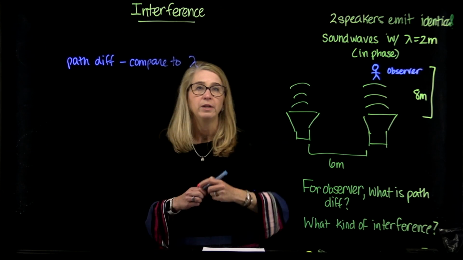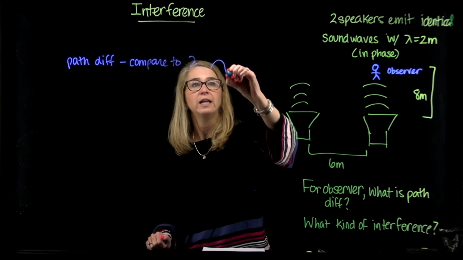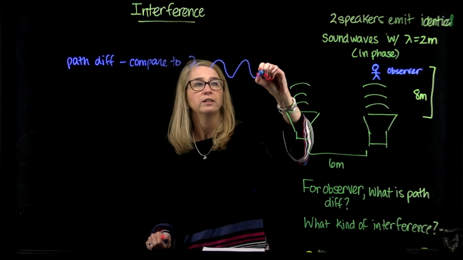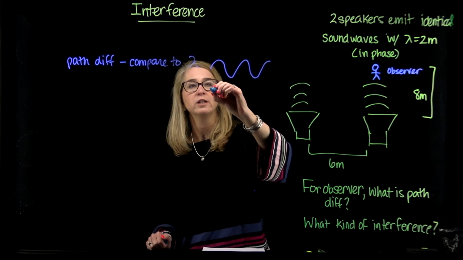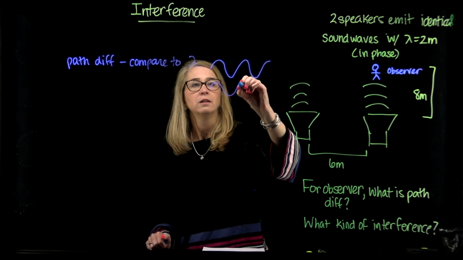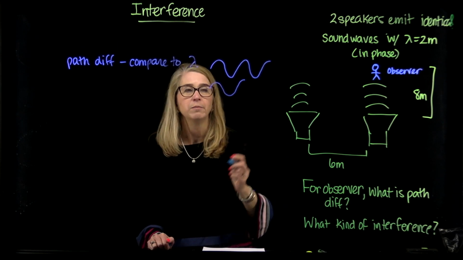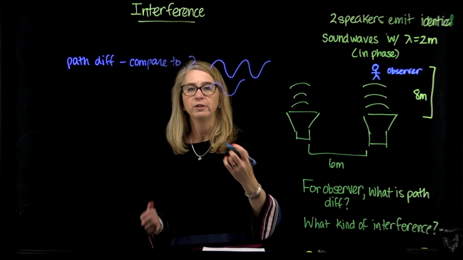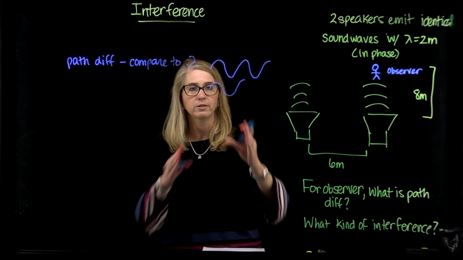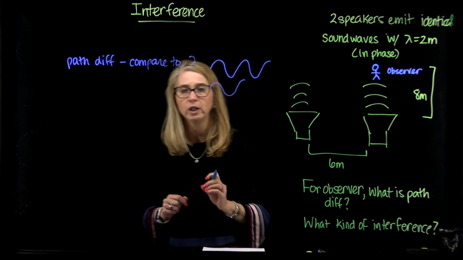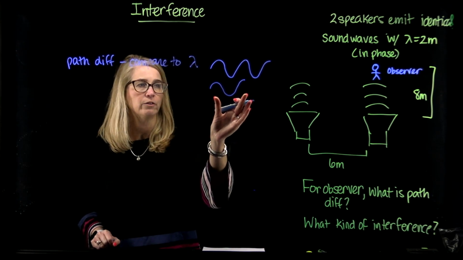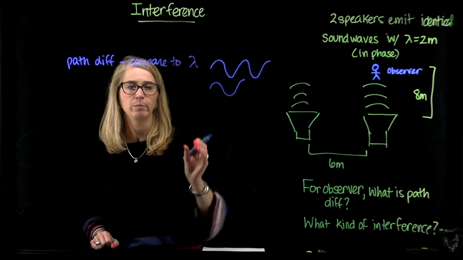So the idea being that if you have two waves that are traveling to a particular location, they might go different distances. Like this wave down here clearly did not have to cover as much distance as this wave up here.